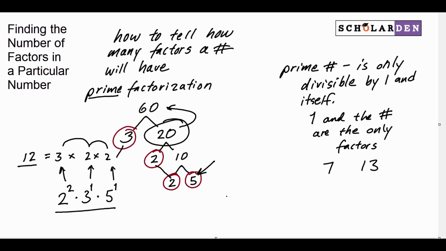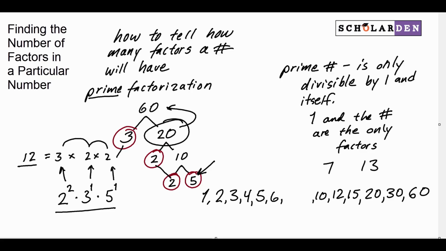And if I just try to list them, I'm going to do it this way. 1 times 60. Watch what I do. 2 times 30. 3 times 20. 4 times 15. 5 times 12. And now I've run out of room. 6 times 10.